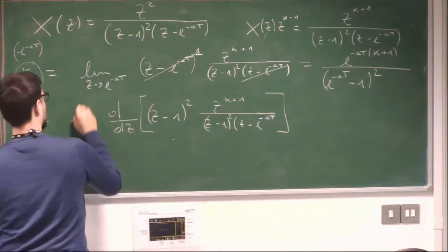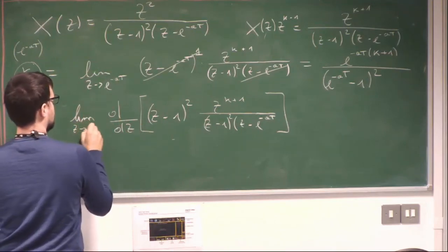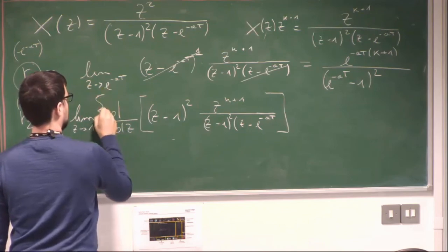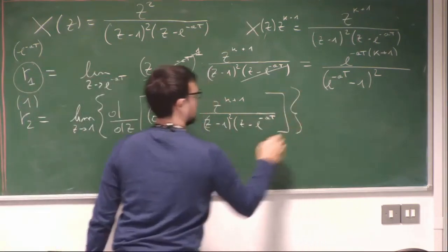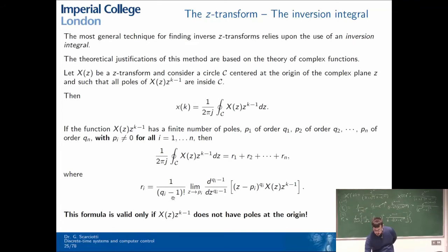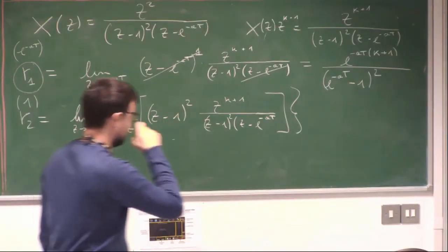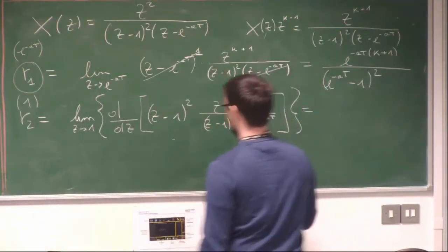Then I have to compute the limit with z that goes to 1 of all this expression. And then let's look at the coefficient. The coefficient will be 2 minus 1, that is 1. Factorial is 1. 1 divided by 1 is 1. So this is the expression that we have to compute.